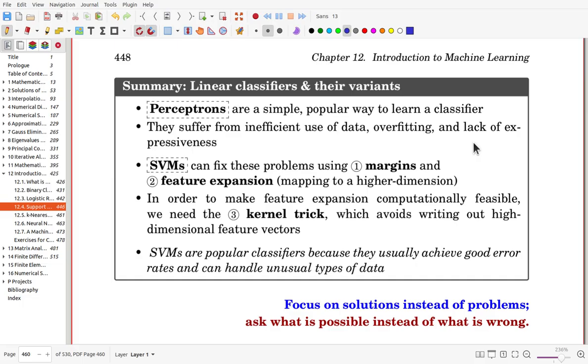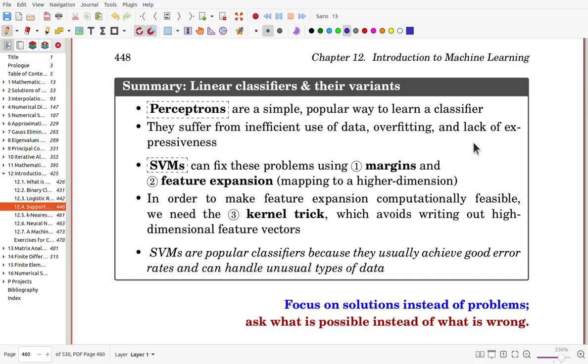We try to make the margin as large as possible, and we also implicitly use the feature expansion along with the kernel trick into higher dimensional space, so that the algorithm becomes more effective.